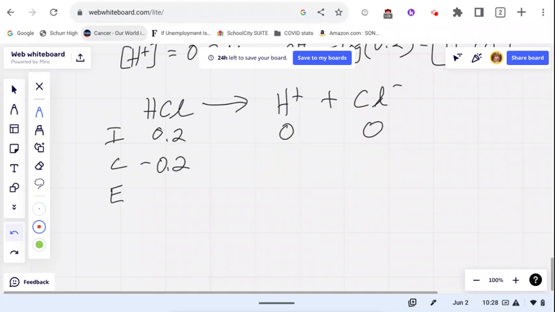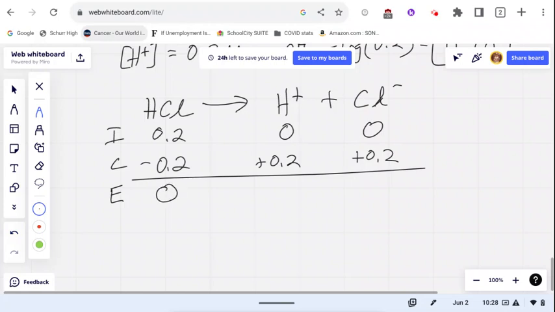So if we lost 0.2 moles per liter of HCl, we're going to gain 0.2 moles per liter of hydrogen, and we're going to gain 0.2 moles per liter of chloride. And so once we hit equilibrium, there will be no HCl left, and there will be 0.2 moles per liter of hydrogen and 0.2 moles per liter of chloride.